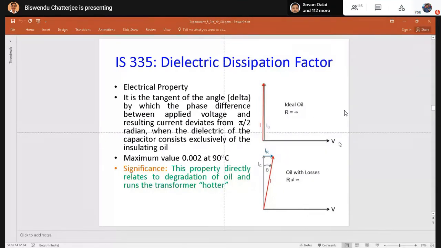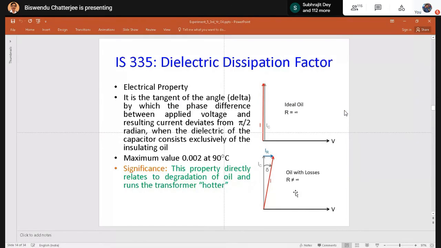But if the oil is not ideal, and the oil is having losses inside it, the current will tend to go in phase with the voltage like resistive loss. Because how do you simulate a physical or practical loss in a system? It is not inductive, it is not capacitive.